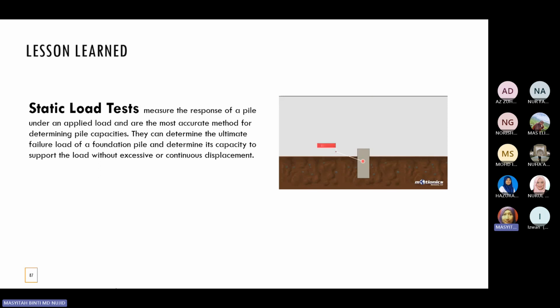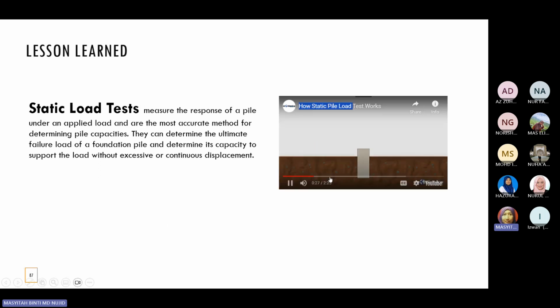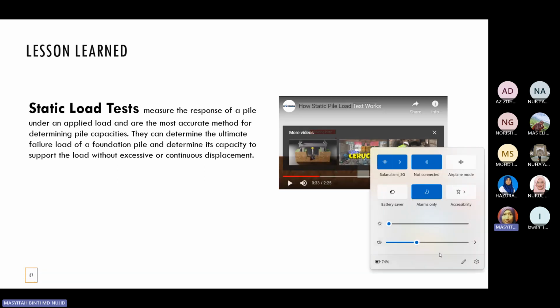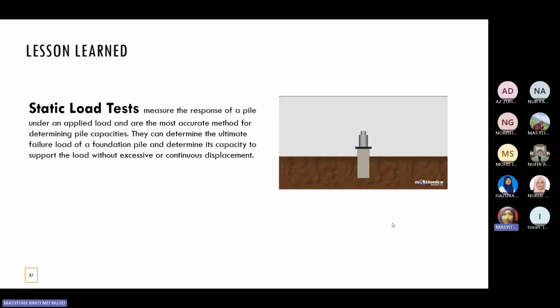First, the test pile is installed into ground. A heavy bearing plate is placed on the pile to ensure uniform load transformation. One or multiple hydraulic jacks are installed to apply loads. The hydraulic pump is piped to the hydraulic jack. Applied load can be monitored through strain gauges on the pile or hydraulic pressure.